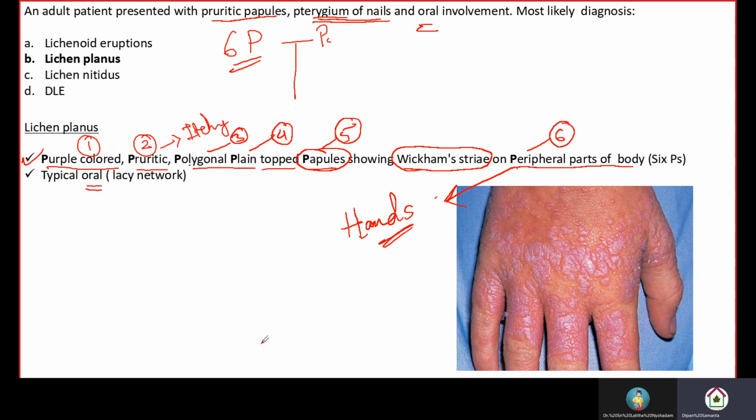You need to understand peripheral parts. They may also use the word itchy instead of pruritic. So you need to comprehend the question and understand.